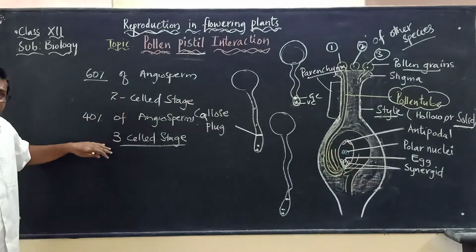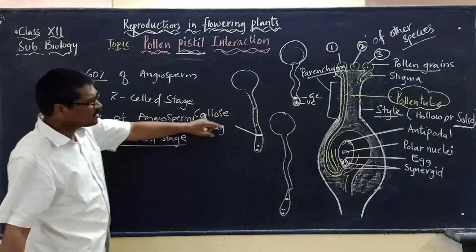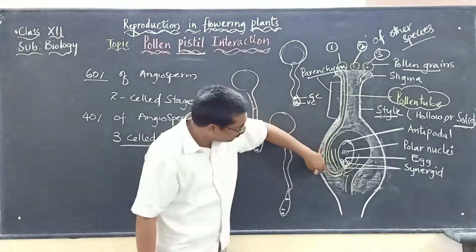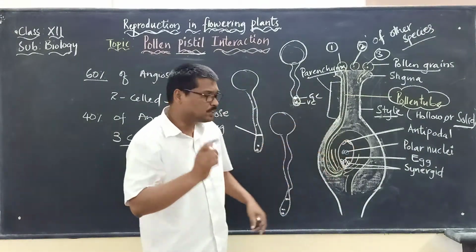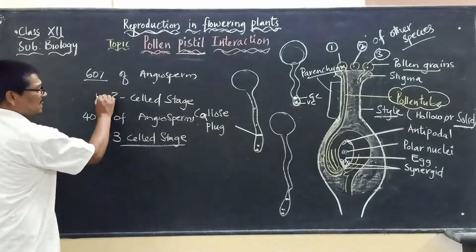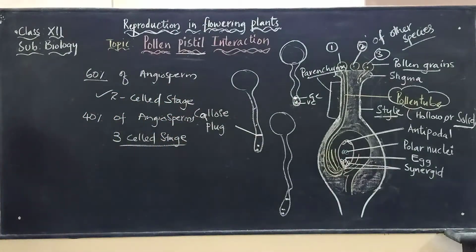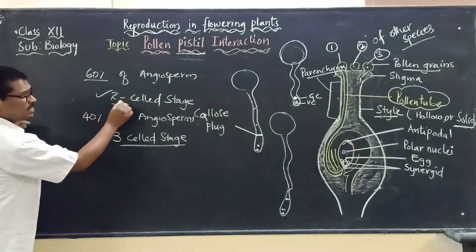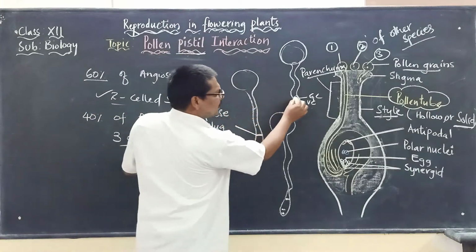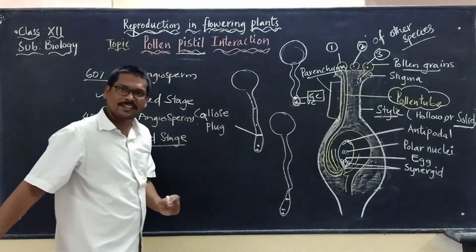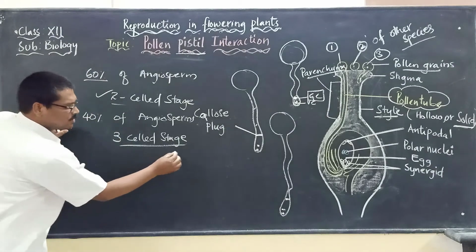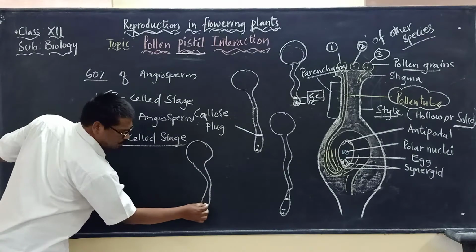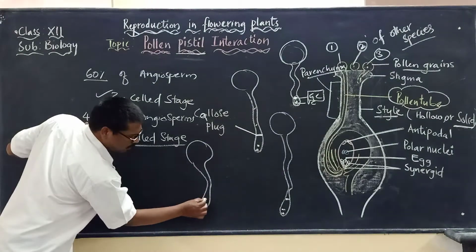Why are these two points very important? Because once the pollen tube is formed and is moving towards the ovule, if it is at the two-celled stage, it will change into three cells. Suppose this is the pollen tube, here is the vegetative cell, here is the generative cell.